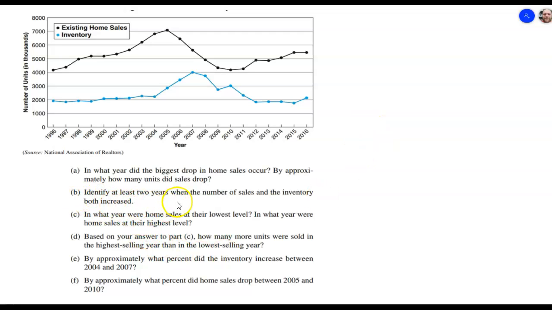It says identify at least 2 years when the number of sales and the inventory both increased. So I'm looking for at least 2 years where these both increased.